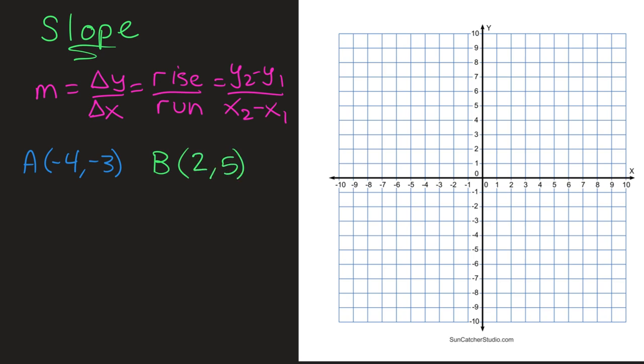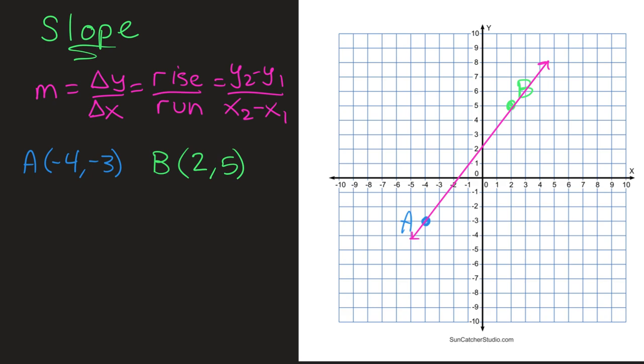So negative 4, negative 3 is right here, and that is point A. Then point B is 2, 5. It's right here, and that's point B. And I did my best to draw a straight line between those two.